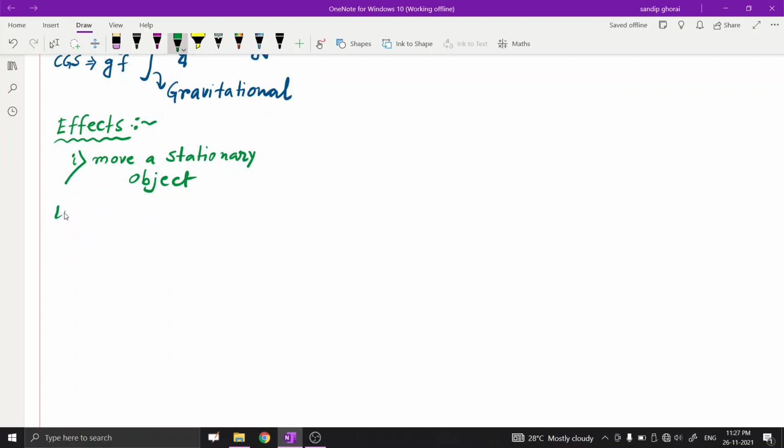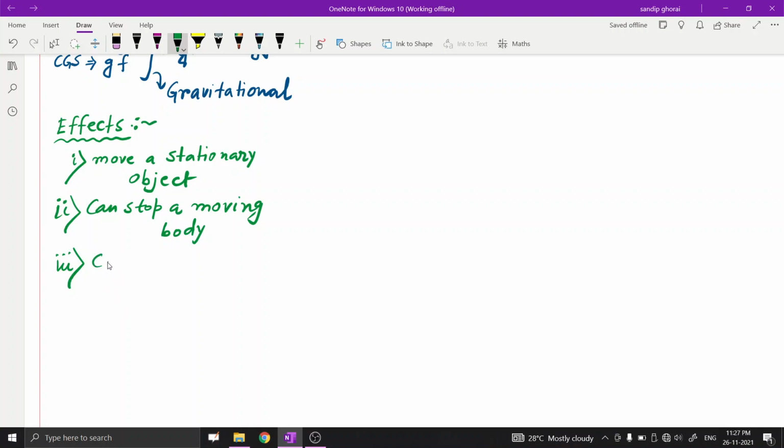The second one is that a force can stop a moving body. As we move a stationary object with the help of force, similarly we can stop a moving body with the help of force. The third one is that a force can change the direction of a moving object.